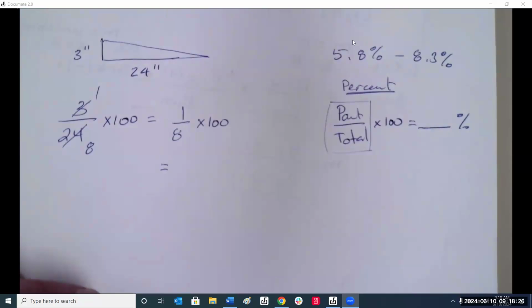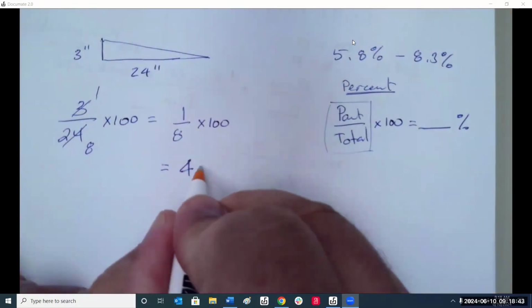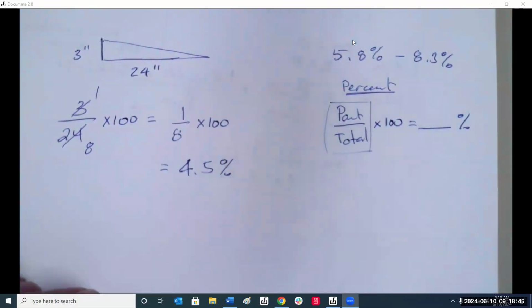In your calculators, what is that going to give us? 12.5%. So is that a legal ramp?